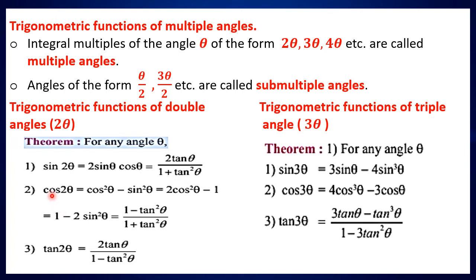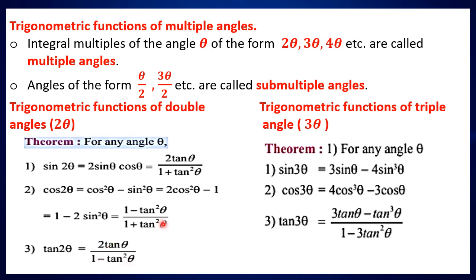Cos 2 theta can be written in many ways: cos square theta minus sine square theta, or 2 cos square theta minus 1, or 1 minus 2 sine square theta, or 1 minus tan square theta upon 1 plus tan square theta. Next, tan 2 theta can be written as 2 tan theta upon 1 minus tan square theta.